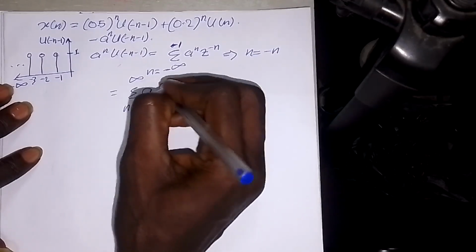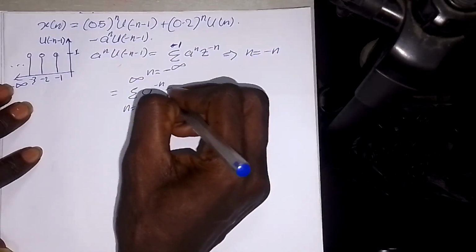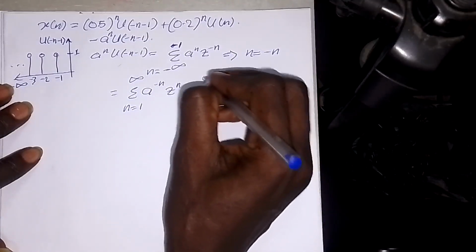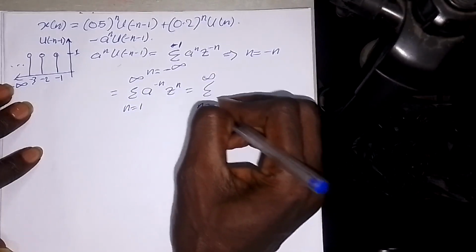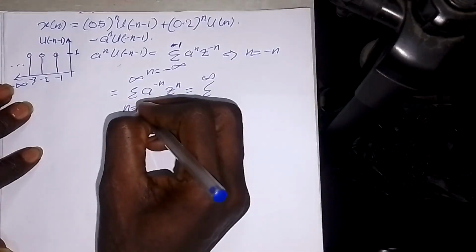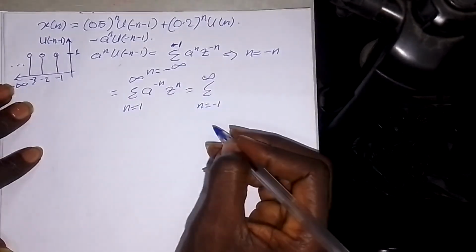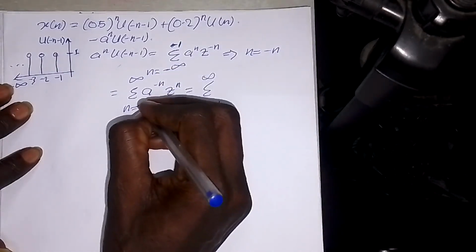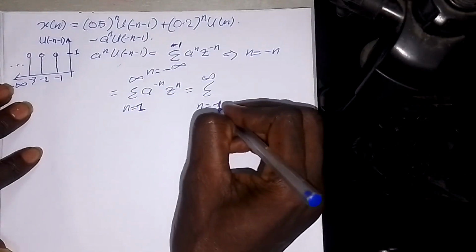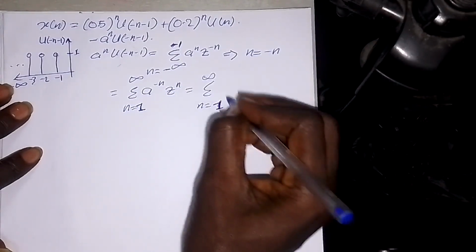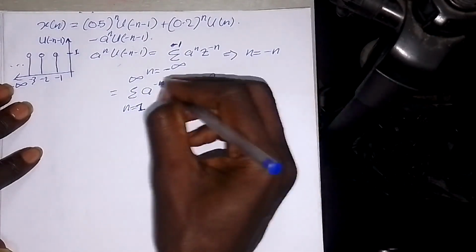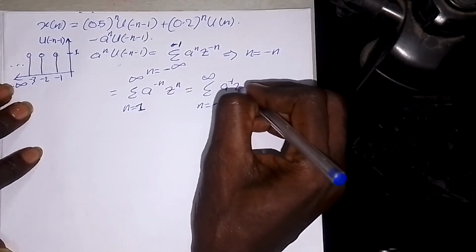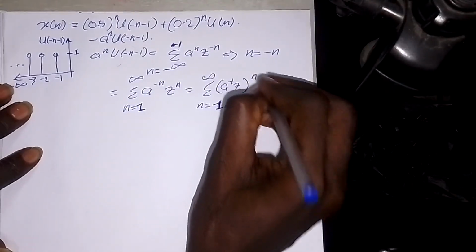And then here it will be a exponent minus n, and it will be z exponent n. Sorry, n is equal to 1. So here I'm going to have a exponent minus 1 into z exponent n.